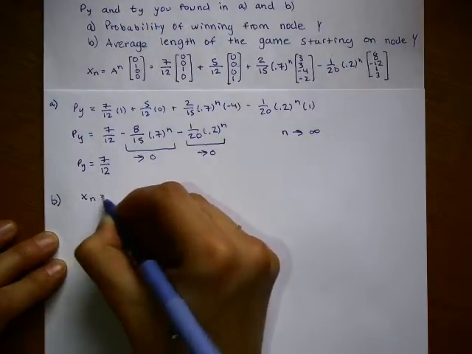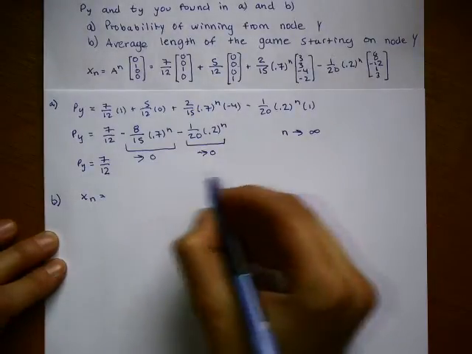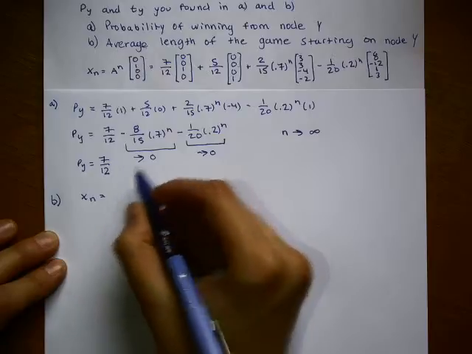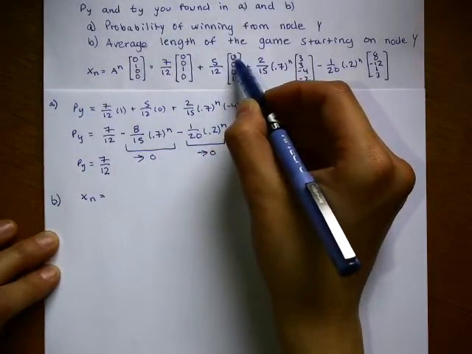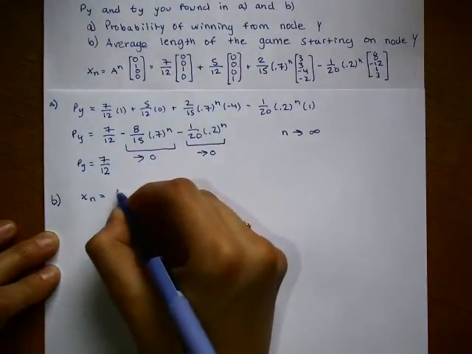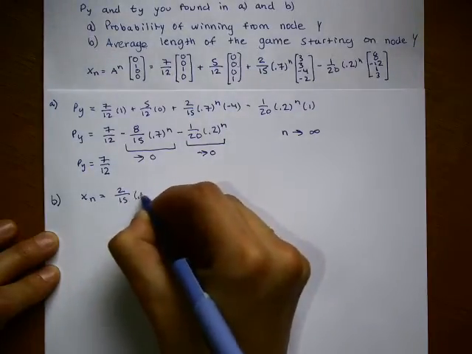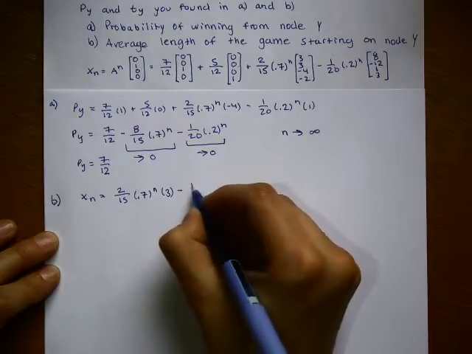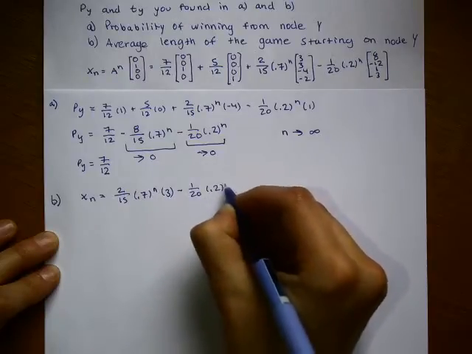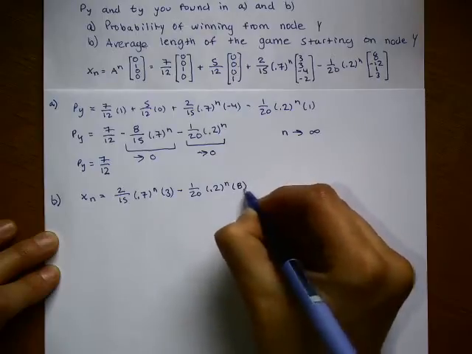So let's look at xn, the probability of being on node x after n steps if you started on y. 7 over 12 times 0 plus 5 over 12 times 0 is 0, so we're going to leave those out. Then we have 2 over 15 times 0.7 to the power of n times 3, minus 1 over 20 times 0.2 to the power of n times 8.